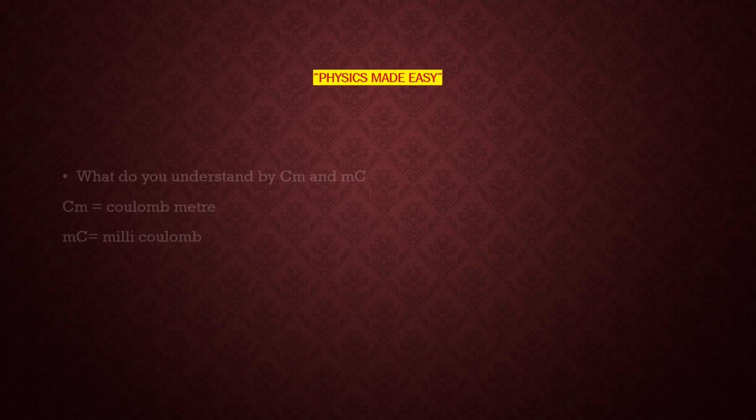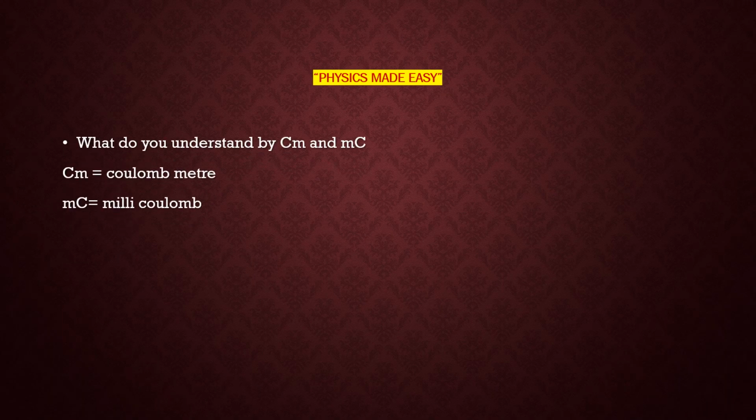So now the next question: here are the two terms Cm and mC. They look similar, but they also create a lot of confusion. So what is the difference between these two terms? The first one, Cm, means coulomb meter, and mC means millicoulomb.